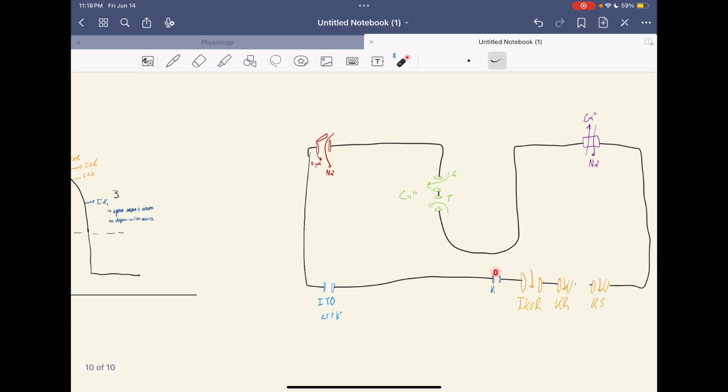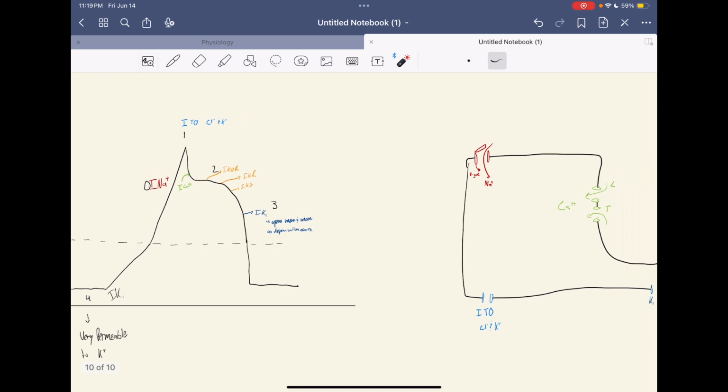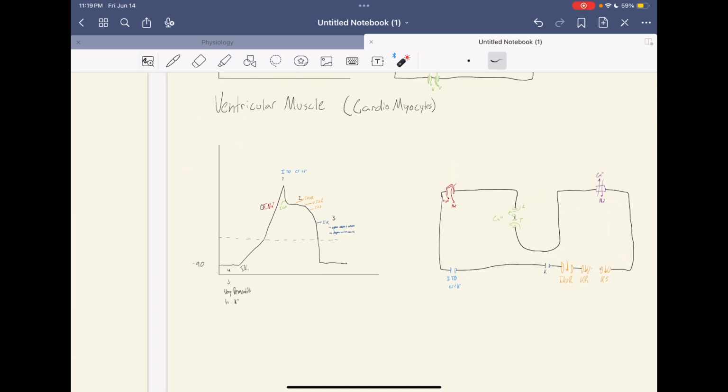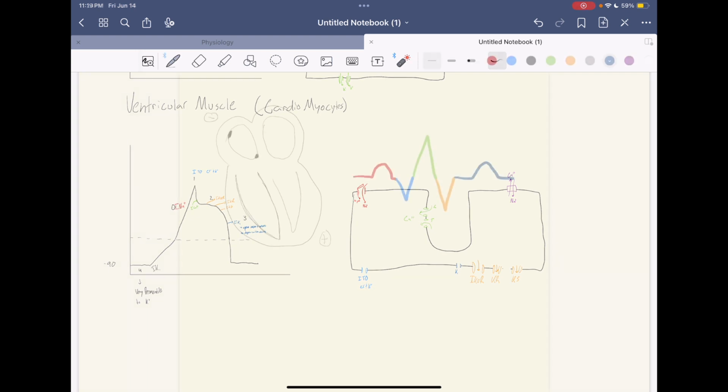These K1 channels, the ultra slow potassium channels, are letting small amounts in quite slowly. It will help bring this back down to the resting membrane potential at -90 and keep it there until the sodium channels begin to open because of an action potential being fired. But that's how a cardiomyocyte works.